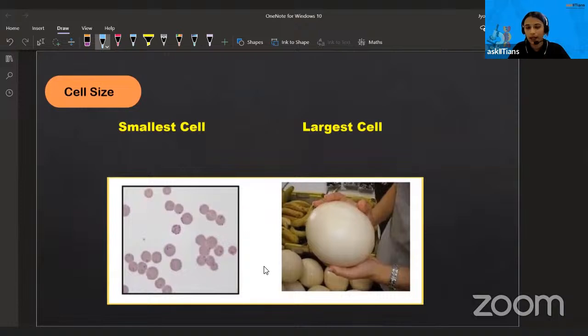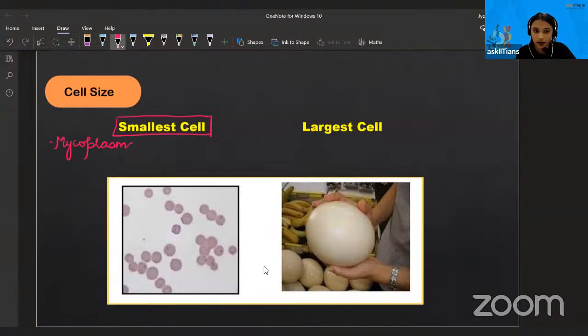See, in different organisms, the cell size also can vary. So if the examiner asks what is the smallest cell in the world, then what will be your answer? That is mycoplasma.